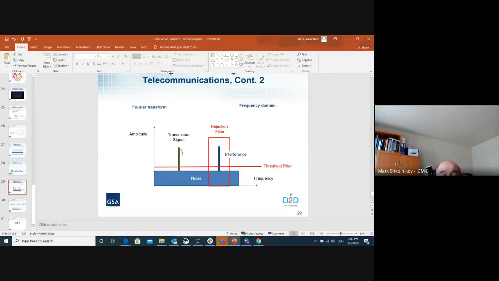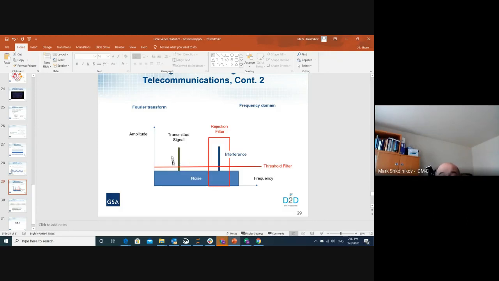If it is a pure sine wave, it is just a rod sticking out, just one line. And the cleaner your signal, the cleaner your sine wave, the narrower that line is. If there are some impurities, it would be broader and have some kind of shape.